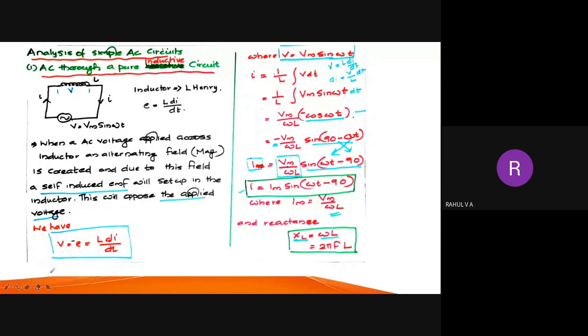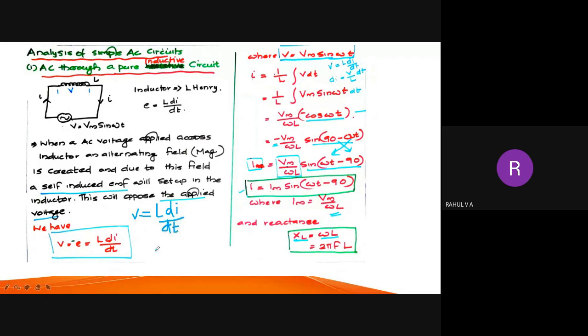Again, how has this step come? The formula was V is equal to L di by dt.